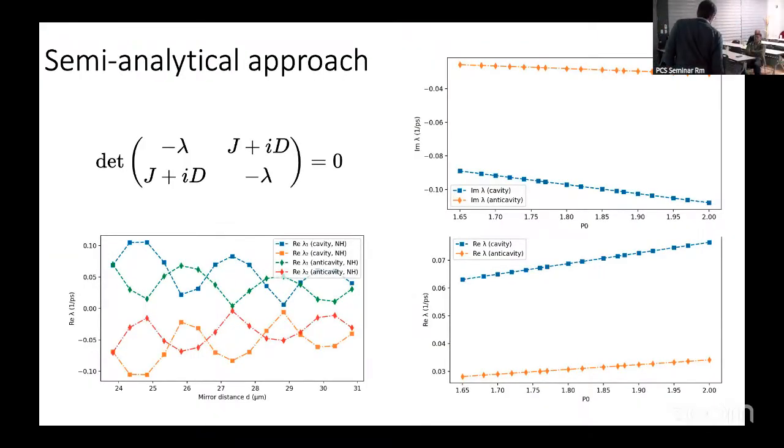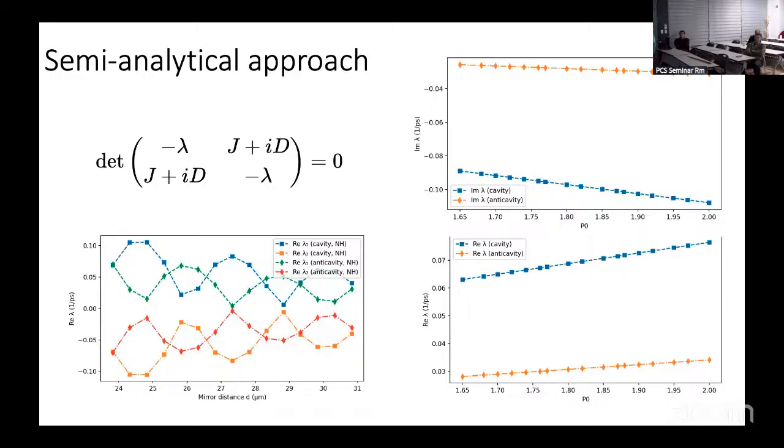I fixed it. So in the same framework, we can write something like a Josephson junction system Hamiltonian. It's a simple 2x2 Hamiltonian, in which we have only Josephson and dissipative coupling of the systems. And we can compute the determinant of the system, these eigenvalues, for anti-cavity and cavity constructed from the single mirror wave function.